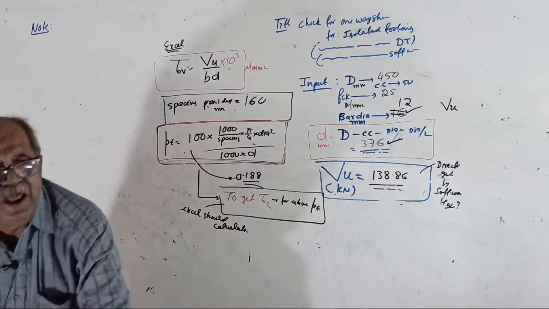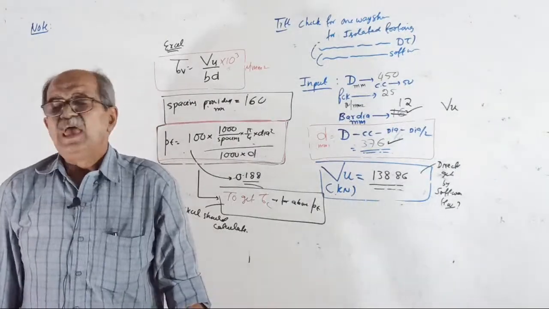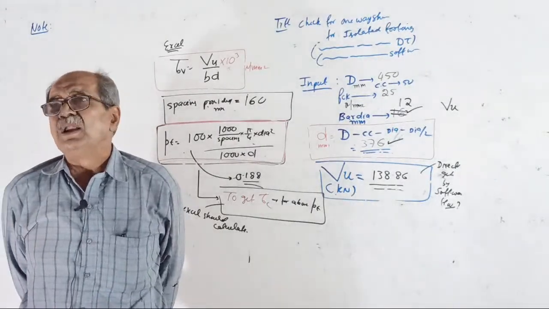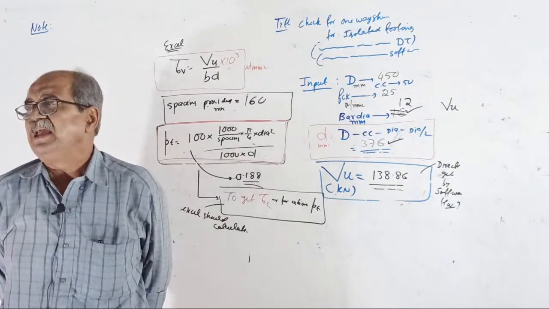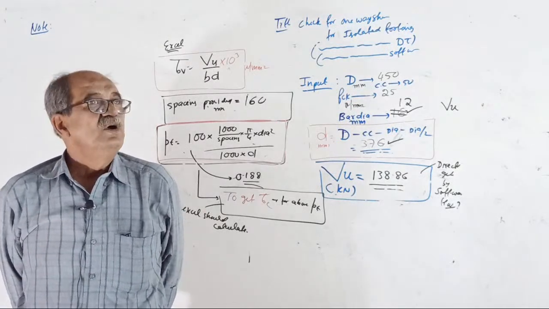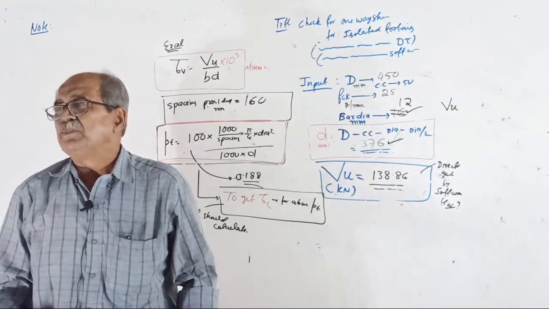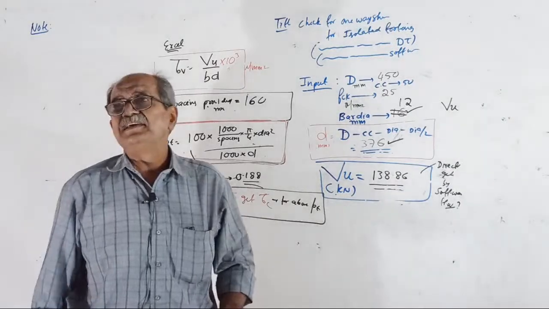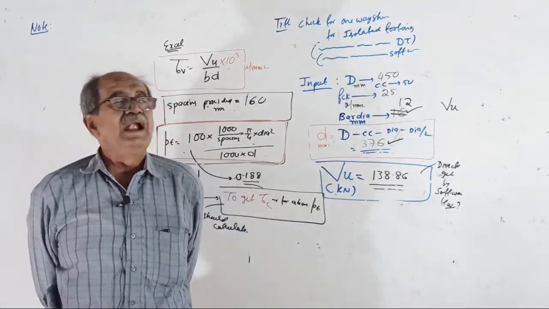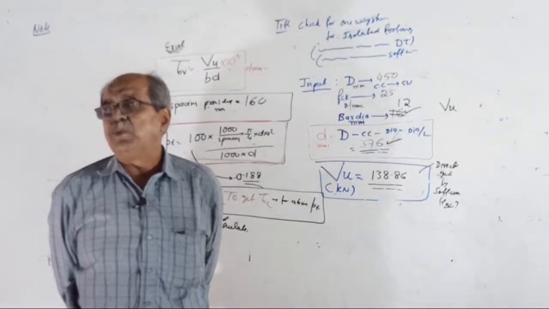Linear interpolation. How? Excel does not know table 19. So you cannot give interpolation because you got 0.188. Tomorrow it can come, then you have to interpolate between 0.15 and 0.25.